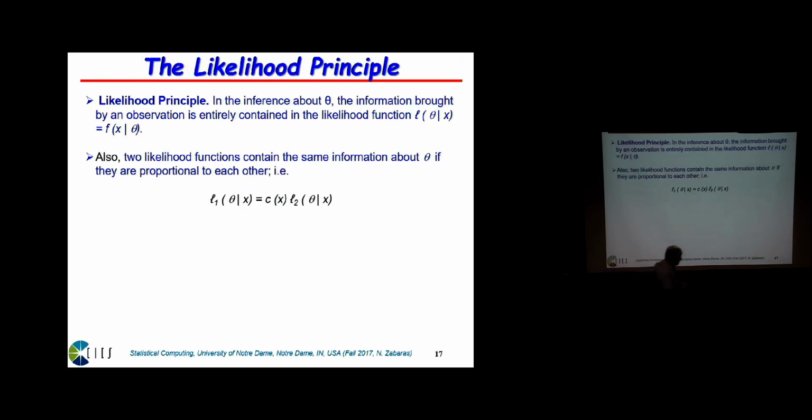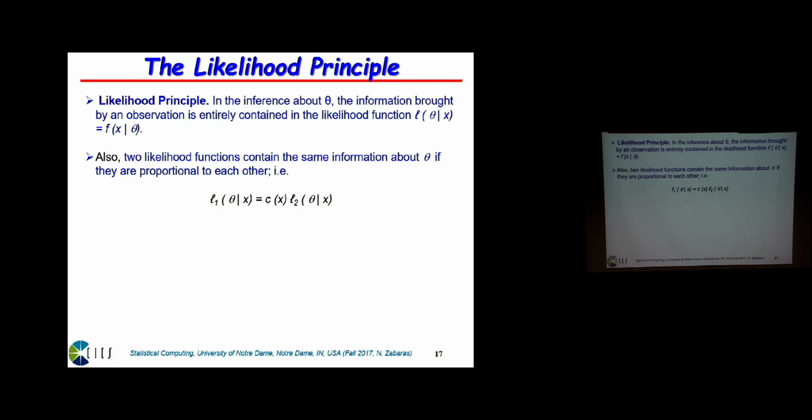Another principle that we need to be sure is satisfied, and again, it's a common sense principle. In the inference about the parameter theta, the information brought by an observation is entirely contained in the likelihood function f of x given theta. Obviously, up to now we haven't really done anything else with the MLE estimate, by maximizing the likelihood, but the likelihood principle tells you the information that comes from any data point is contained entirely in the likelihood function.